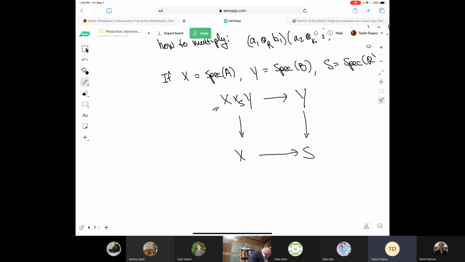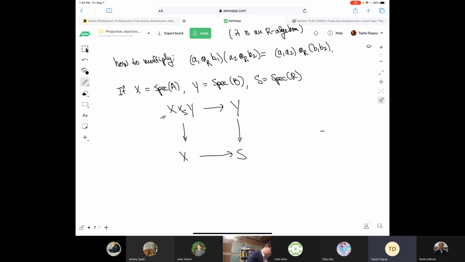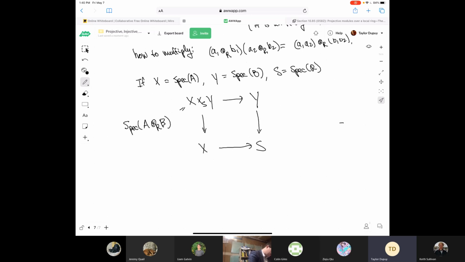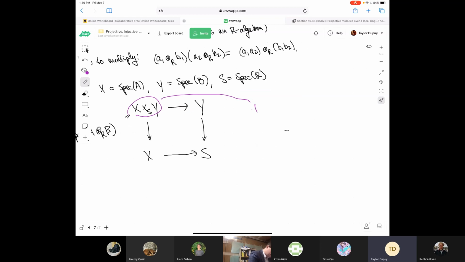So this is the limit of the diagram. And it turns out that the fiber product here is just Spec of A tensor over R B. So the fiber product is just the tensor product of the rings.